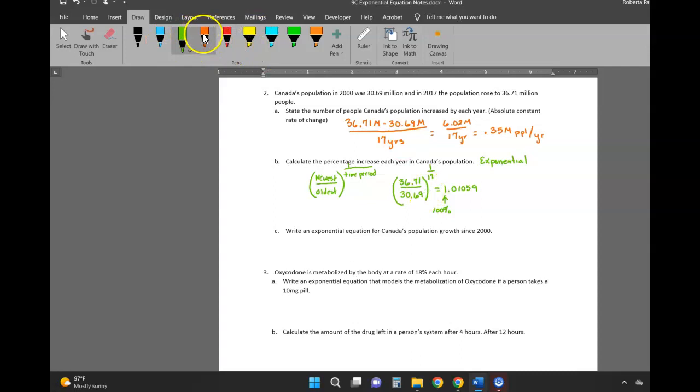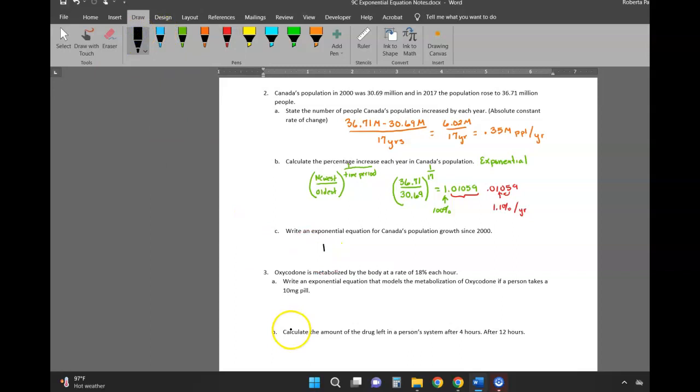So we're now just looking at this portion, 0.01059. We want to write this as a percentage, so the decimal point will go here. The 5 forces the 0 to become a 1, so we have 1.1% each year.